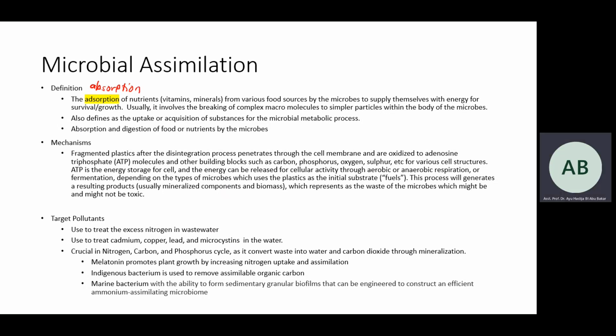Because it absorbs the nutrient into the cell. If adsorb, it is just on the surface. Okay. So maybe we go to the next slide.